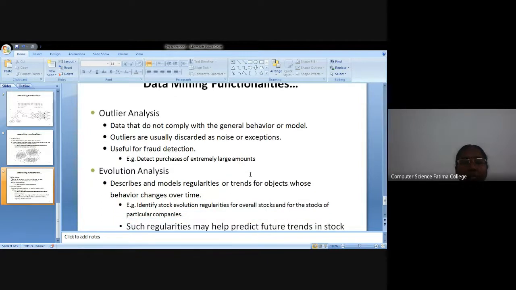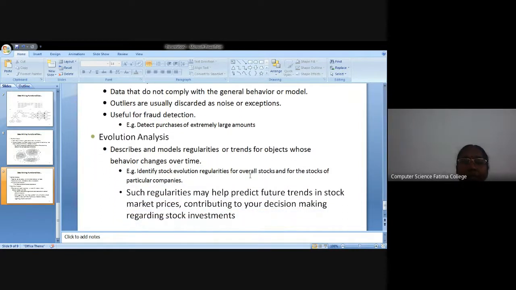Next, evolution analysis. Evolution analysis describes and models the regularities and trends for objects whose behavior changes over time.